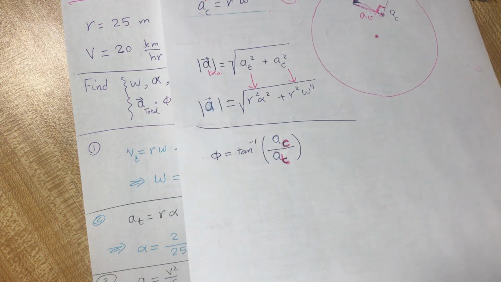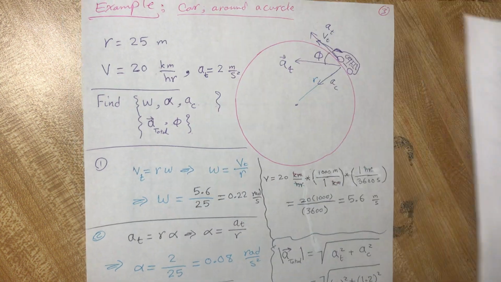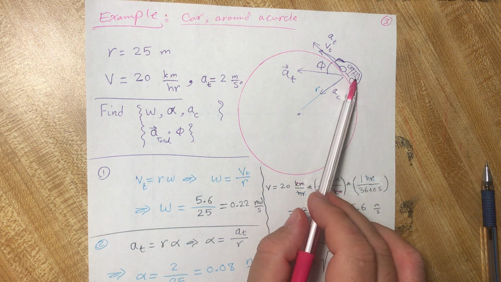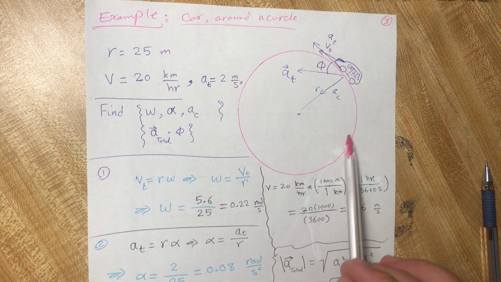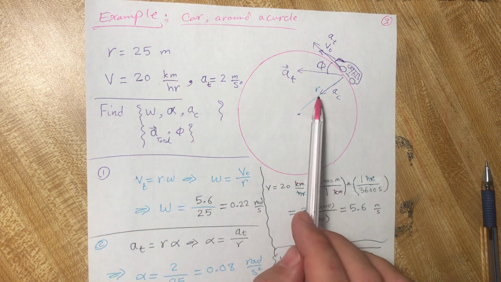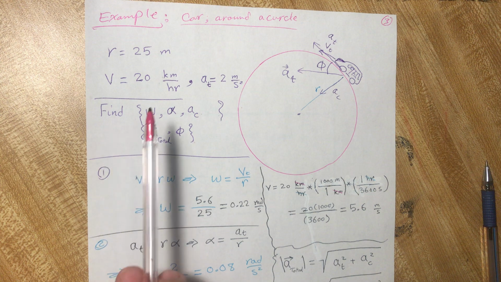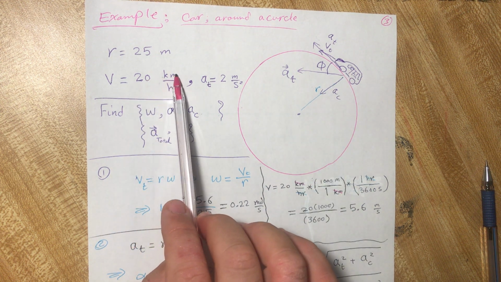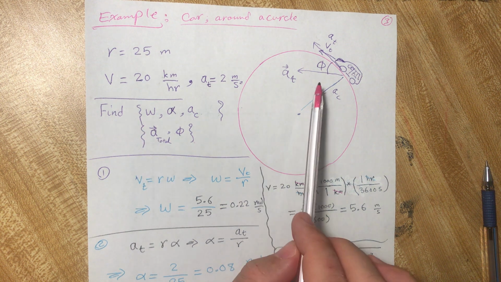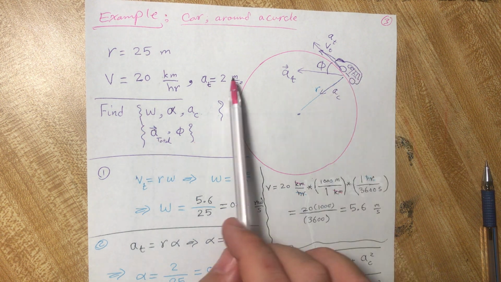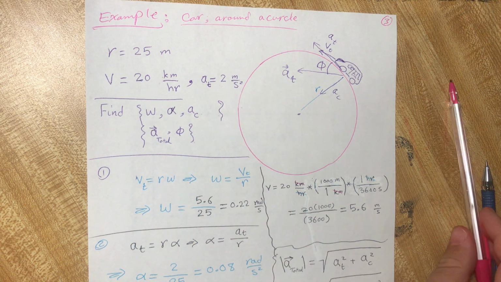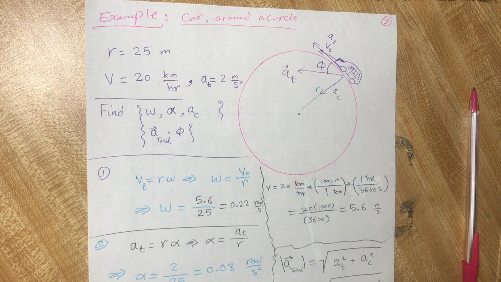Okay, now we will solve an example. If we have a car going around a circle, the radius of this circle is 25 meters, the speed of the car around this circle is 20 kilometers per hour, and this car also has a tangential acceleration which is 2 meters per squared second.